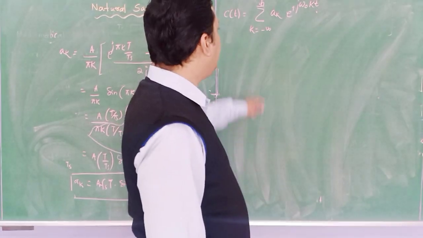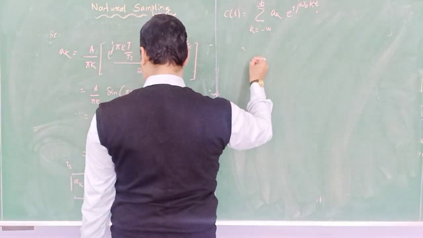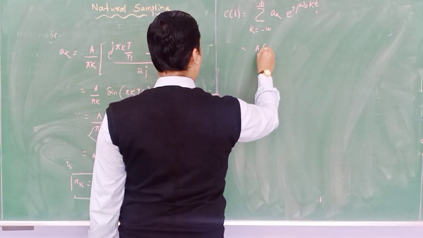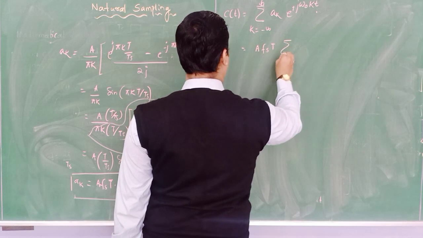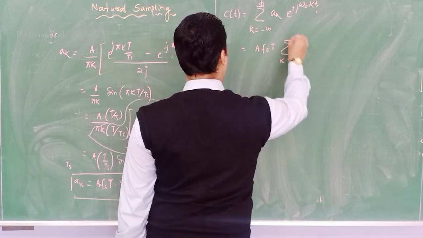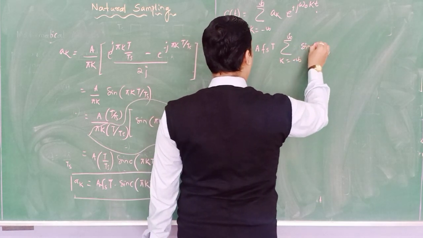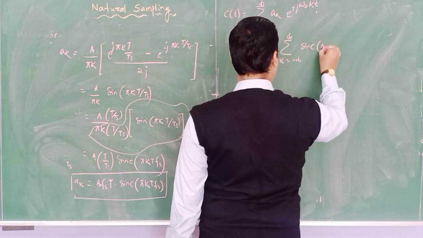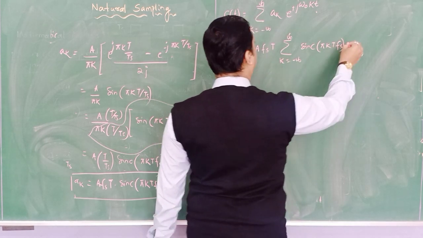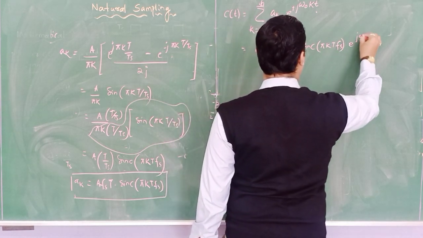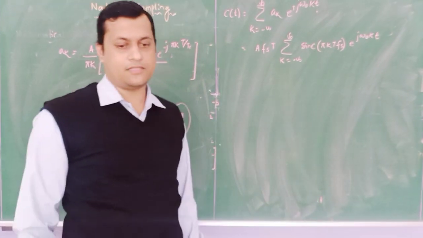Done. In place of a k, substitute this value. If I substitute, it is A Fs T, summation k equals minus infinity to infinity, sinc of pi k T Fs, e to the power j omega naught k into small t. So this is my function.